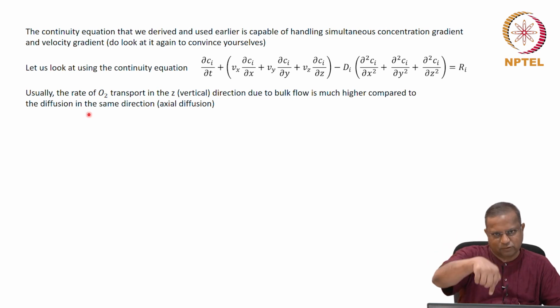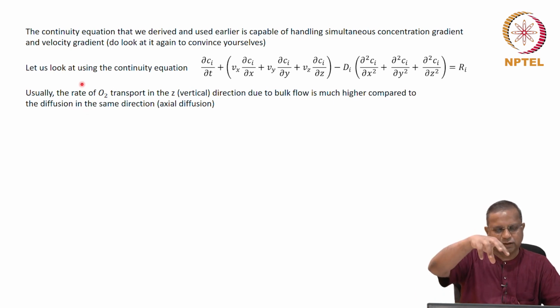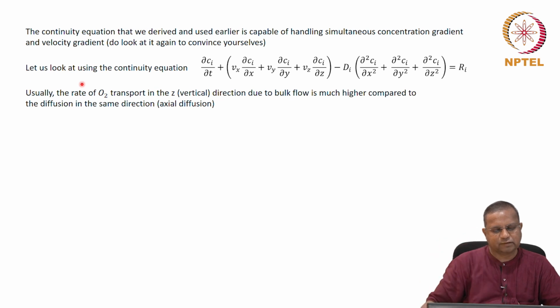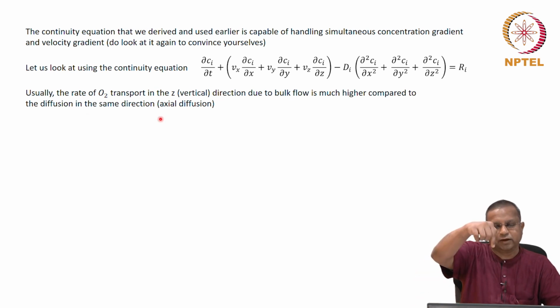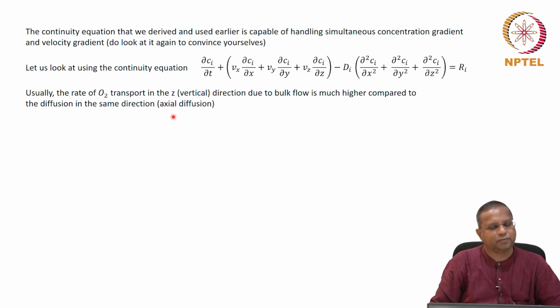So x cross y equals z, so that is consistent with the right-handed coordinate system. So we have the axial diffusion in the z direction also. Nothing prevents that from happening. Okay. However, that is given by this term here, the second derivative of ci with respect to z, which accounts for axial, in the axis direction, diffusion.